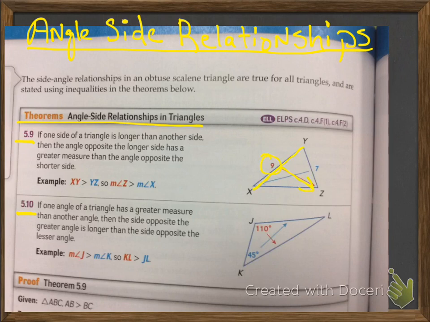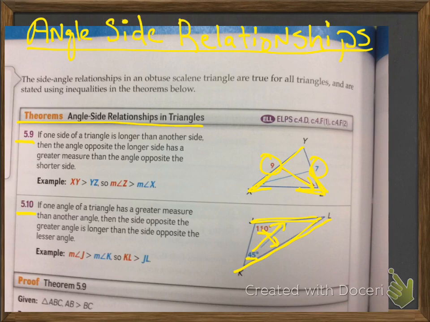So if XY is longer than YZ, then angle Z is going to be greater than angle X. Same thing if an angle has a larger measure. Since this angle is bigger than this one, the side opposite it is going to be greater than the side opposite the smaller one.